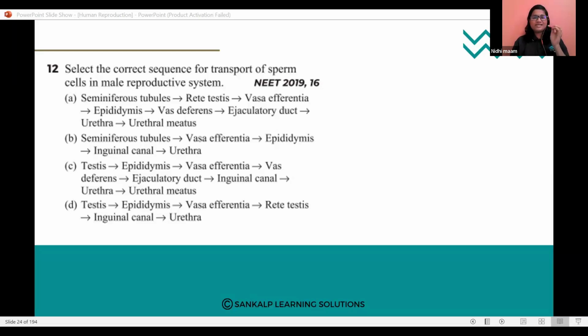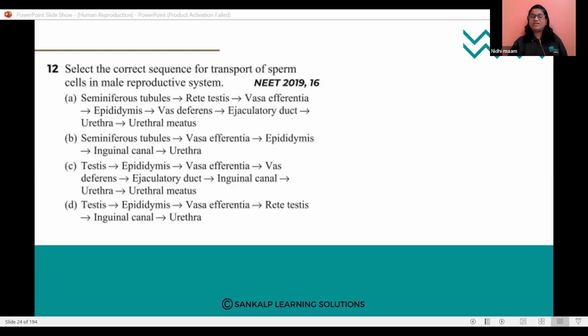Next, B, seminiferous tubules, vasa efferentia, epididymis, inguinal canal, urethra. C, testis, epididymis, vasa efferentia, vasa deferens, ejaculatory duct, inguinal canal, urethra, urethral meatus. The last part, D, testis, epididymis, vasa efferentia, rete testis, inguinal canal, urethra.